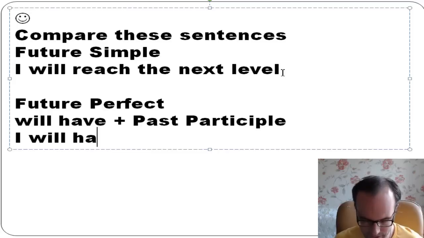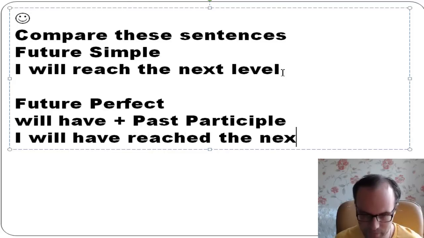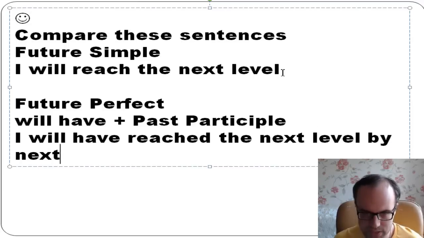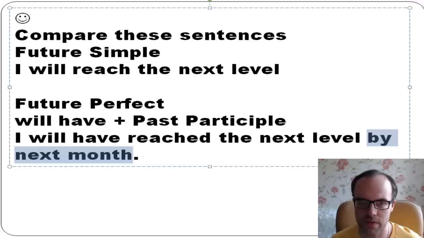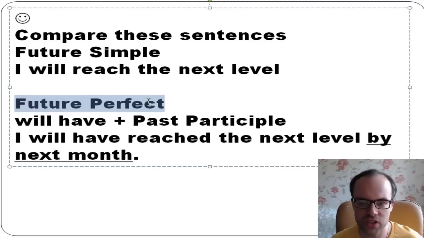So I will have reached the next level by next month. Yeah, by next month. These words tell us that we need to use future perfect. I will have reached the next level by next month.